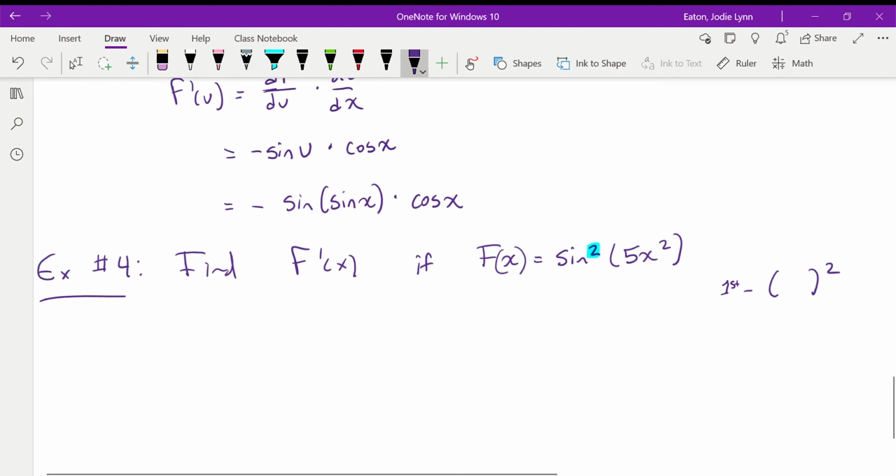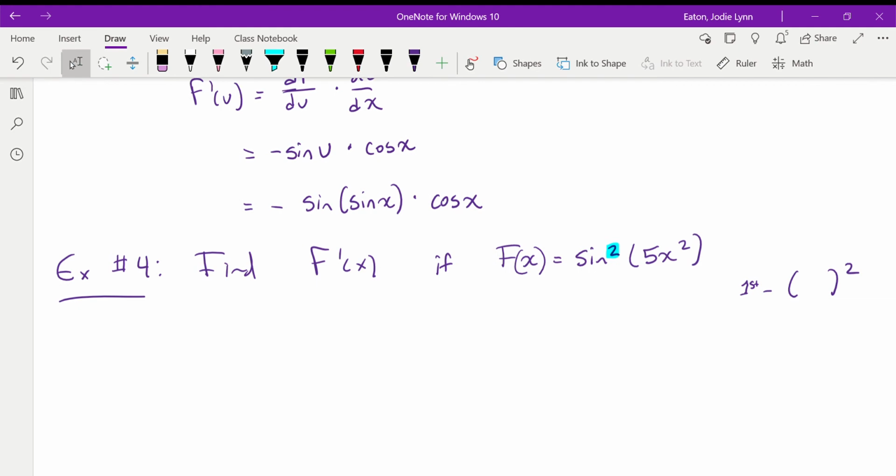When we take the derivative, we drop the 2 and drop the power by 1, leaving what's inside the brackets the same. So we start our f prime of x with 2 sine of 5x squared. All we did was deal with the squared.